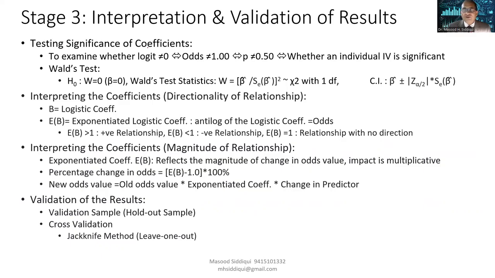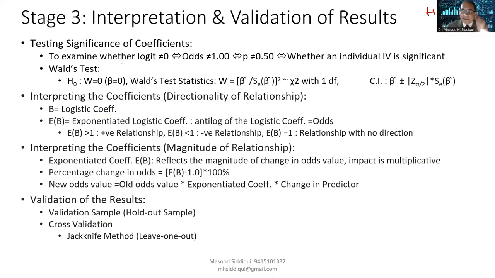Since a number of coefficients are there, we examine whether these coefficients are significant or not. Remember, in regression analysis, we examine H naught, the significance of the beta coefficient.